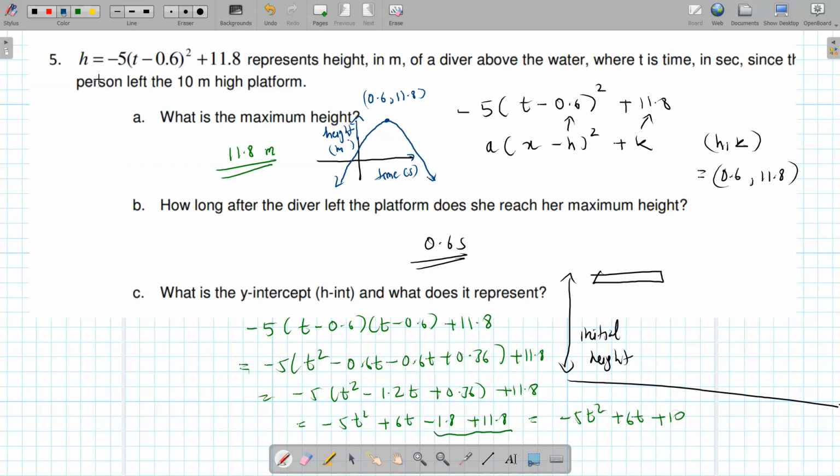And you see this number here is our b value, the y-intercept. So that's the initial height of the diver. So this person jumps from 10 meters, reaches a maximum height of 11.8 meters after 0.6 seconds. There you go. That's the whole question.